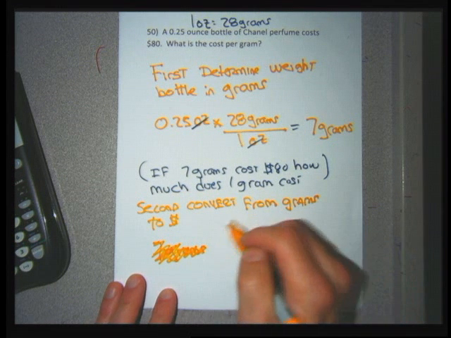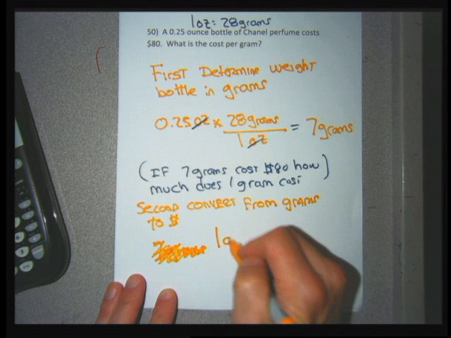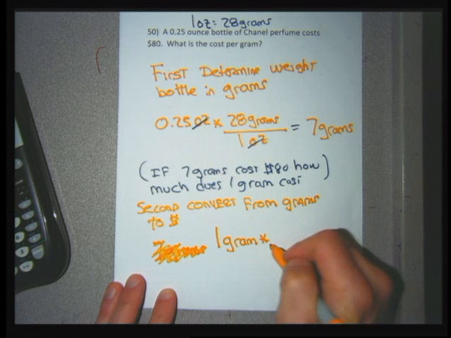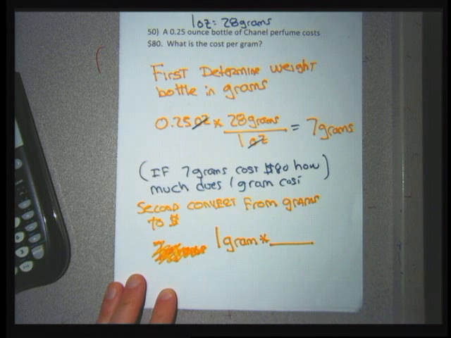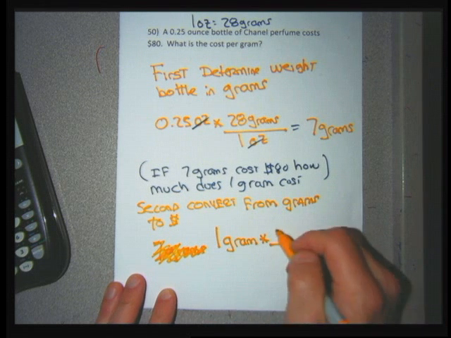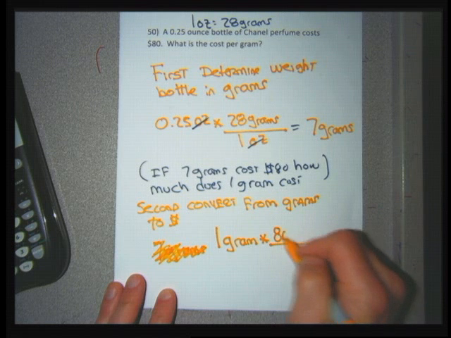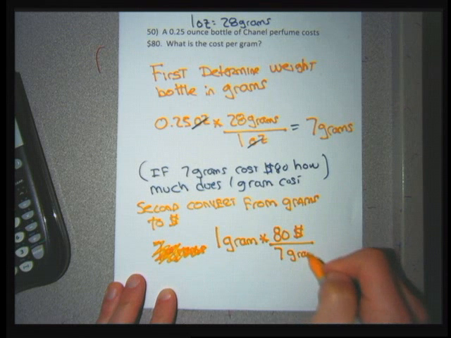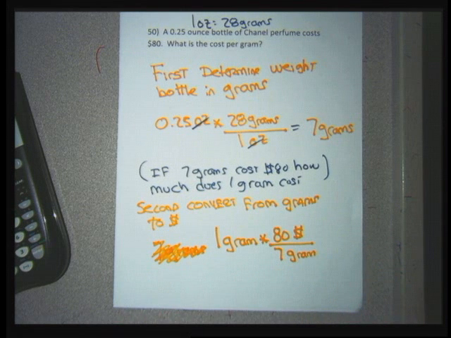To find the cost of 1 gram, I'm going to multiply by a unit. What I know is that 7 grams costs $80, so this is multiplying by 1, and it's changing from grams to dollars. I would just divide by 7 to do this: taking the $80 divided by 7 grams gives you the cost per gram. But using unit analysis, it's very sneaky, tricky.